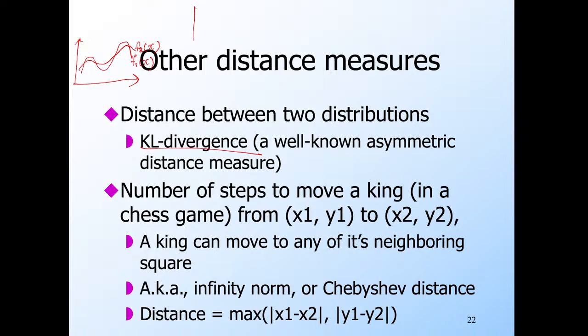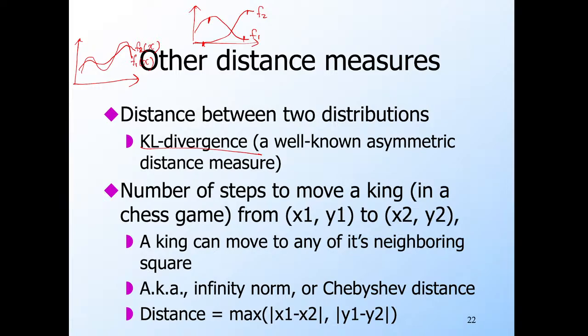On the other hand, if this is f1 of x, and this is your f2 of x, then f1 and f2 are very different. Whenever f2 is small, f1 is large. Whenever f2 is large, f1 is small. So they are very different. In this case, the KL divergence between f1 and f2 would be large.